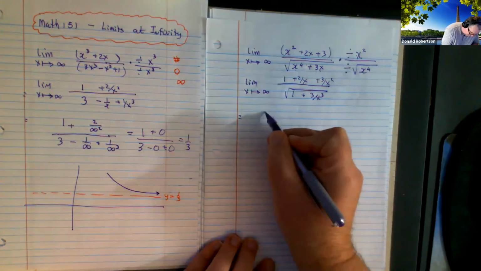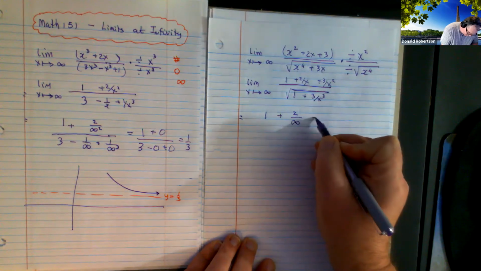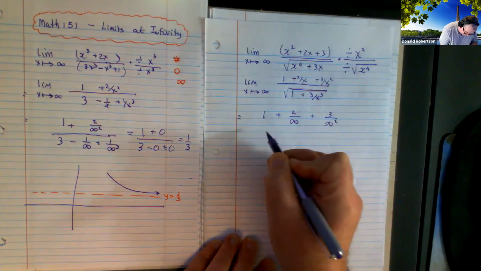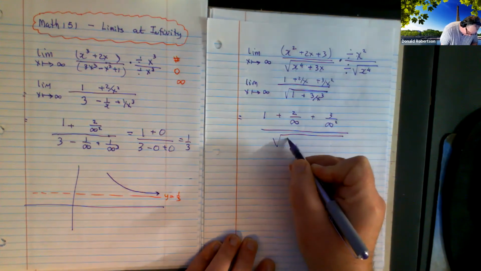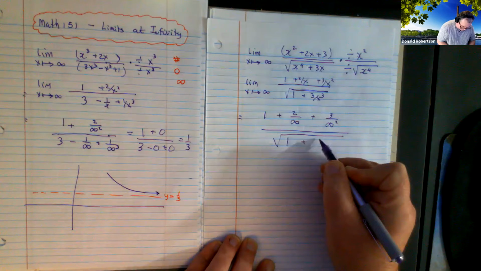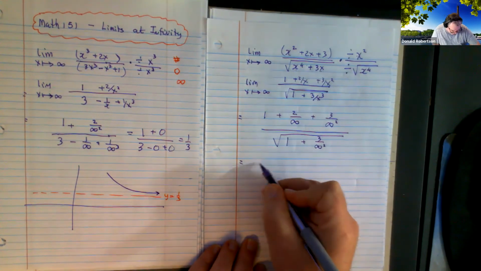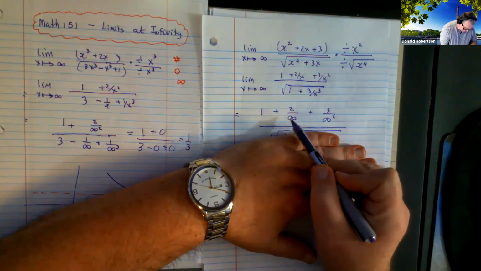1 plus 2 over infinity plus 3 over infinity squared. That's the top row. And a little bit more awkward on the bottom. The square root of 1 plus 3 over infinity squared. On the top, that guy is 0, that guy is 0.